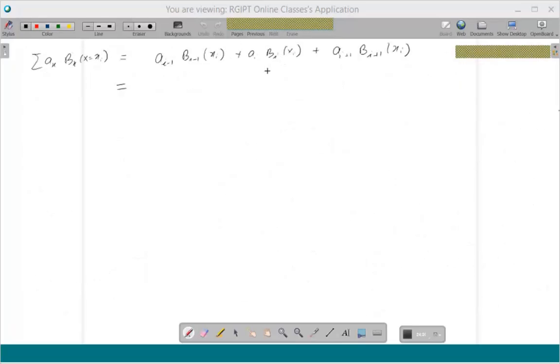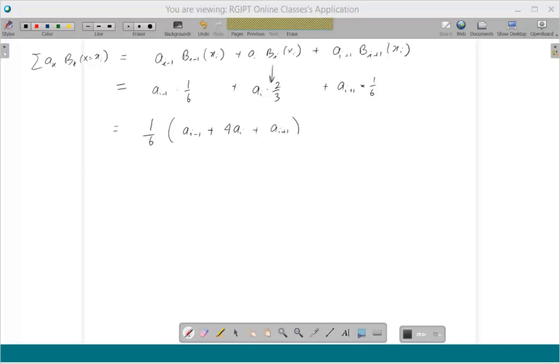So the center one is 2/3, so a_i into 2/3 plus a_(i+1) into 1 by 6 plus a_(i-1) into 1 by 6. I take 1 by 6 outside, I'll have a_(i-1) plus 4a_i plus a_(i+1). Okay, that is the last term.